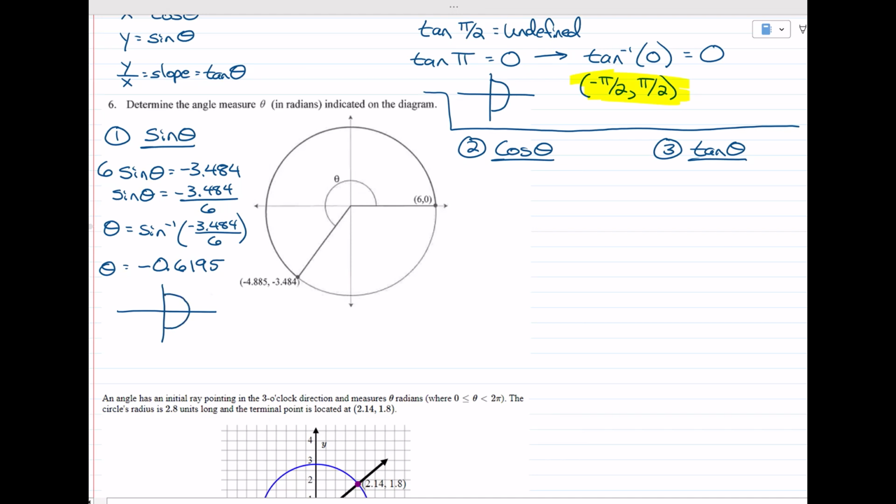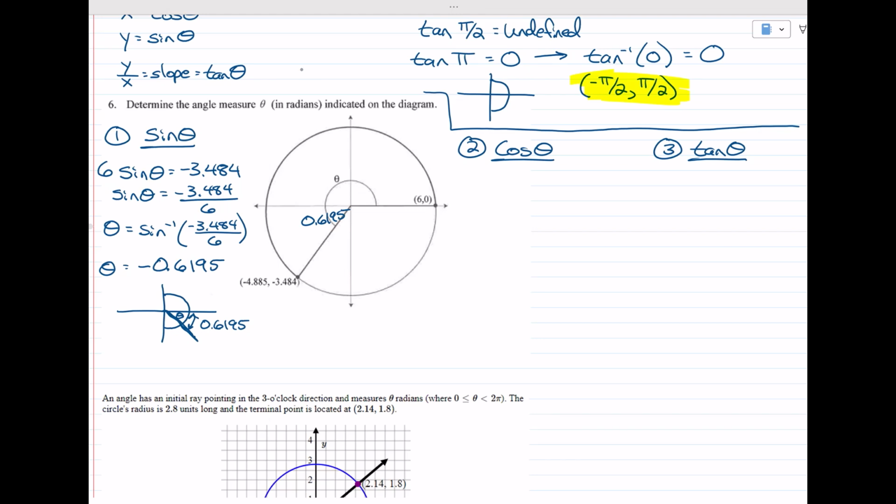Alright, so this isn't the final answer, because remember that inverse sine is defined from negative pi over 2 to pi over 2. What it's giving us is an answer between there, and that would be this angle. So this angle right here is negative 0.6195, and that's just the reference angle. Because that's what that angle is, that means this angle is 0.6195.